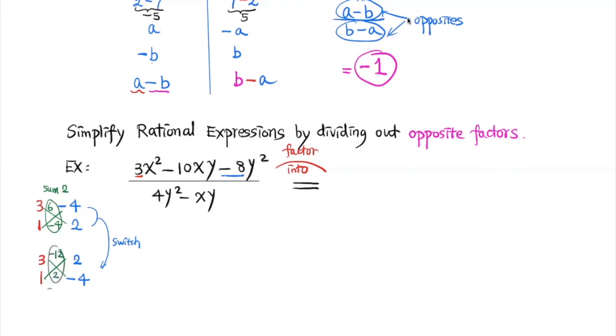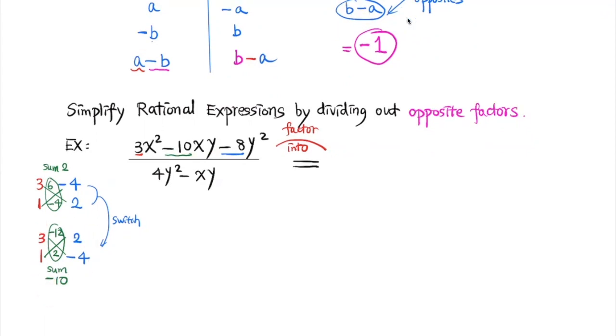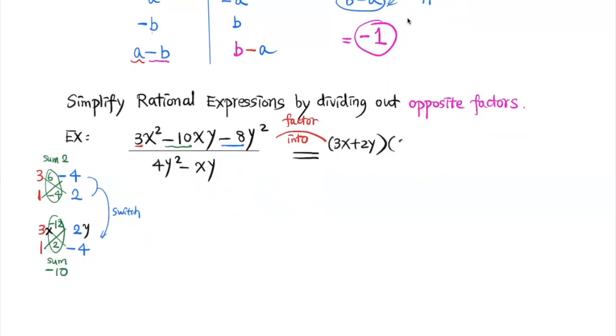The sum of these two is -10, which matches the coefficient of the middle term. So I know I got the right combination. Now we put the variables back. This stands for 3x plus 2y for the first factor, and the second factor will be 1x minus 4y, which is the same as x minus 4y.